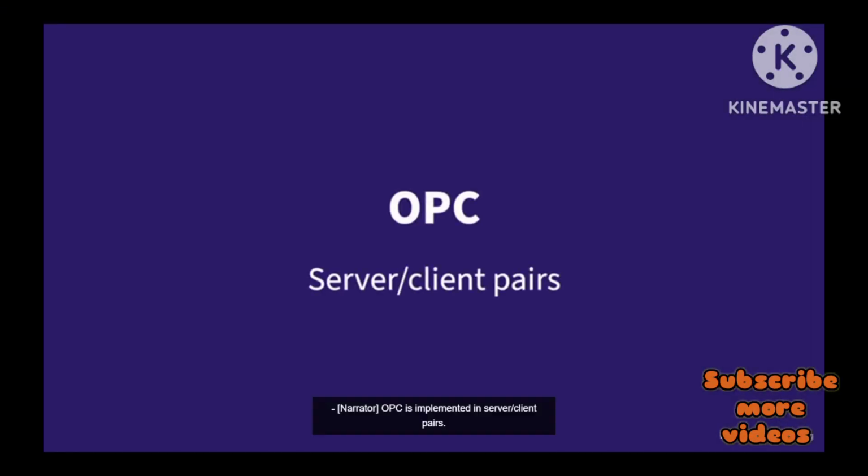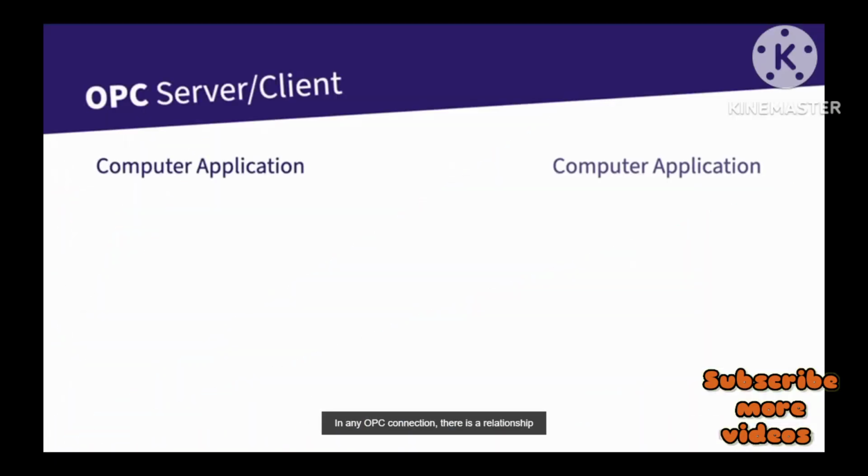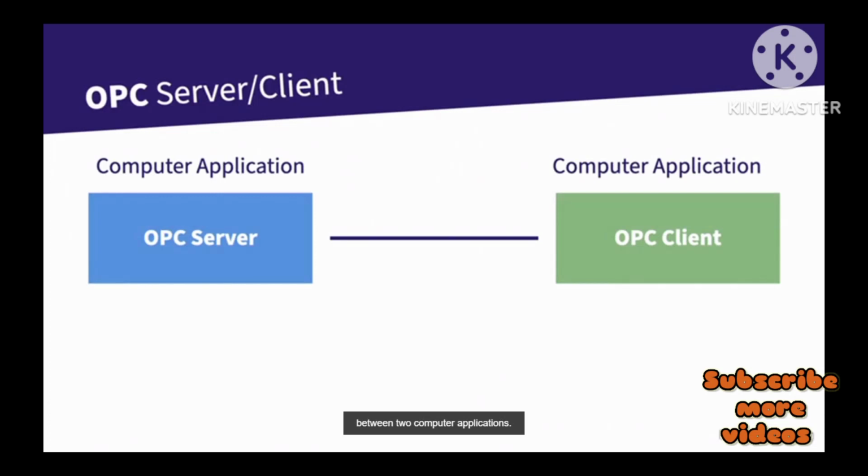OPC is implemented in server-client pairs. In any OPC connection, there is a relationship between two computer applications. One application acts as the server providing data, and the other one acts as a client using data.